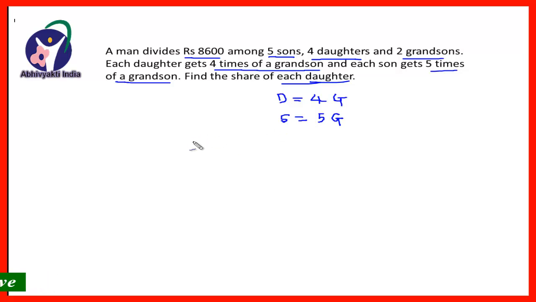So the ratio of daughter to grandson is 4:1, and grandson to son will be 1:5.